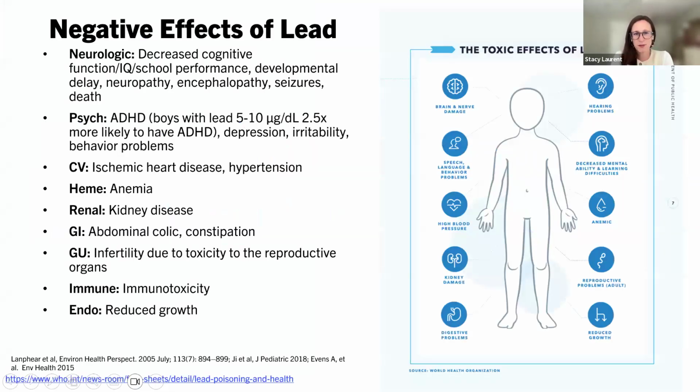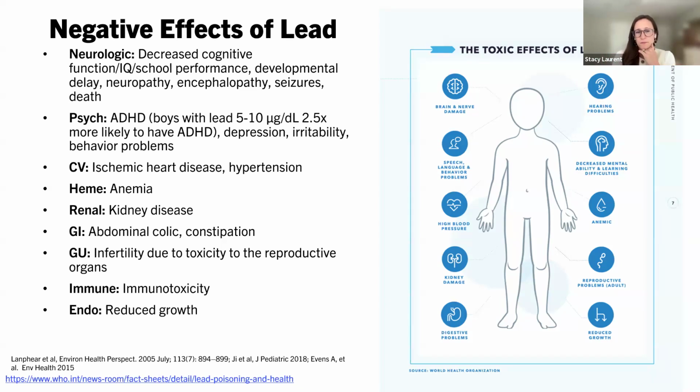We're all here because we know that lead has negative effects. I think the hardest part about lead and the outcomes is that there are usually no symptoms when someone has been exposed to lead or has an elevated lead level. However, we know that throughout the body there is an effect from lead. I won't go through each of the systems here, but because we can't see it, it doesn't mean that nothing is happening.